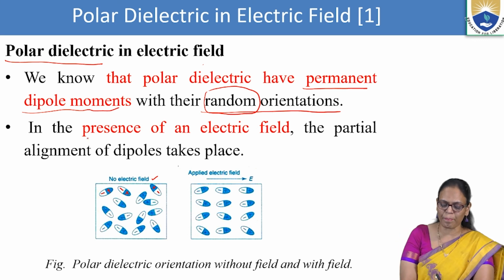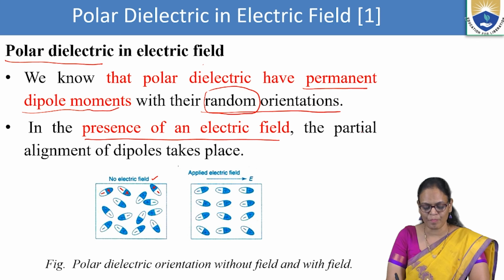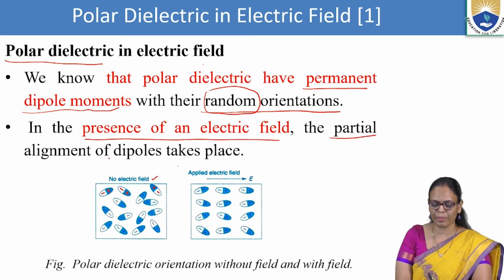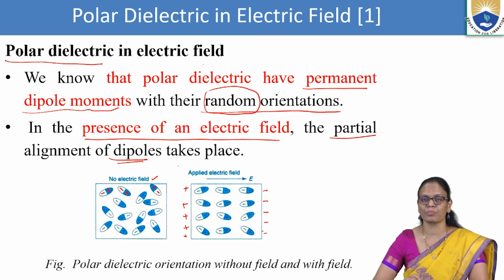But when we are applying an electric field, in the presence of an electric field, what happens? Partial alignment of dipole takes place. Partial alignment means all these negative will start aligning towards the positive plate and all the positives will start aligning towards the negative plate.